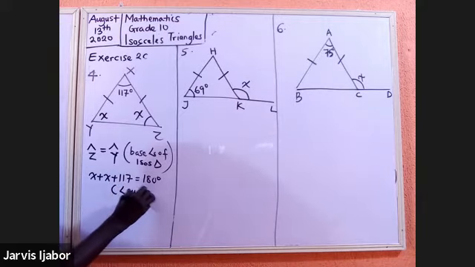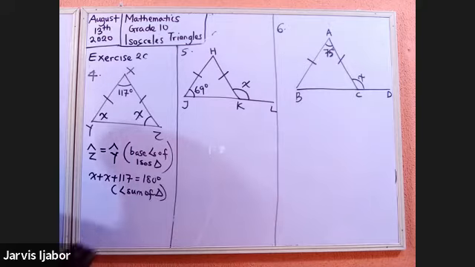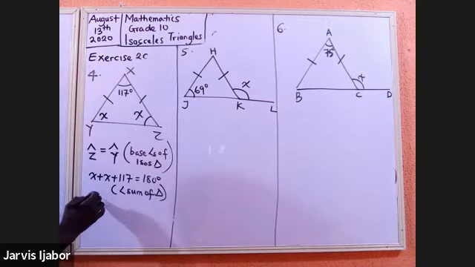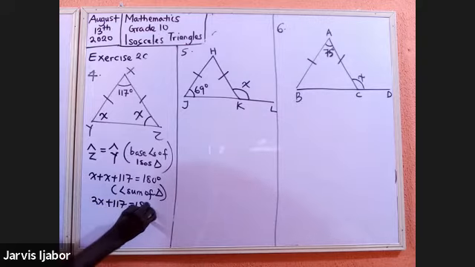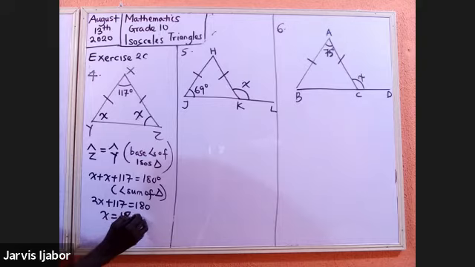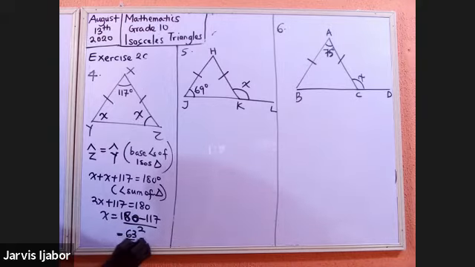Angle sum of triangle. Are you with me? So with that said, 2x plus 117 will be equal to 180, and x will be equal to 180 minus 117 divided by 2. And that will give me 63 divided by 2, and that will be 31.5 degrees. So that settles that one.